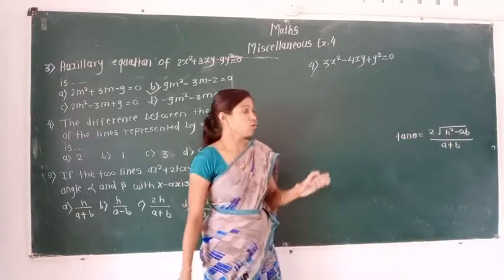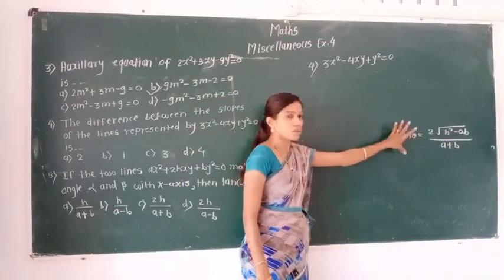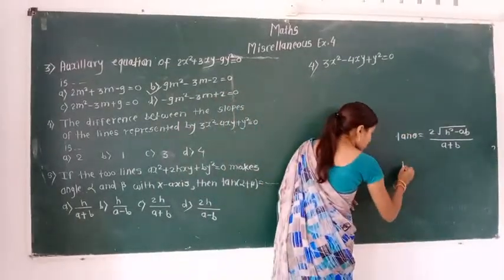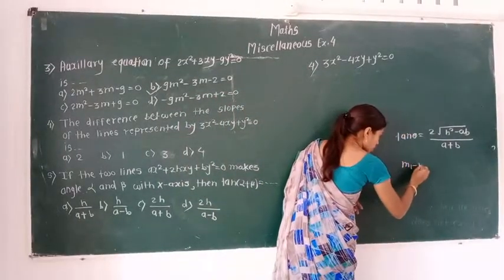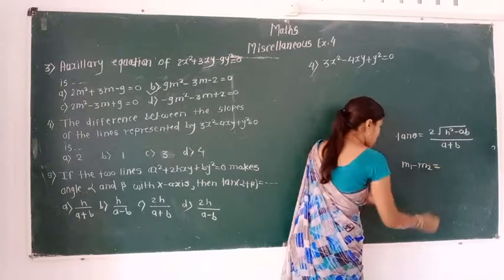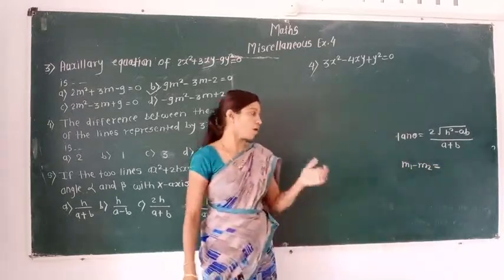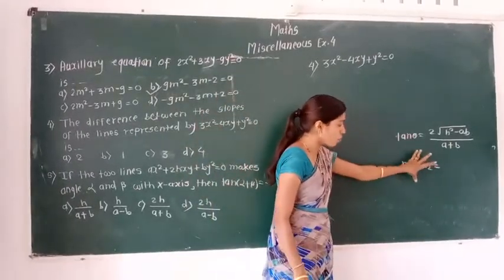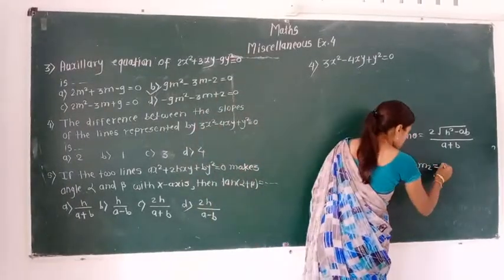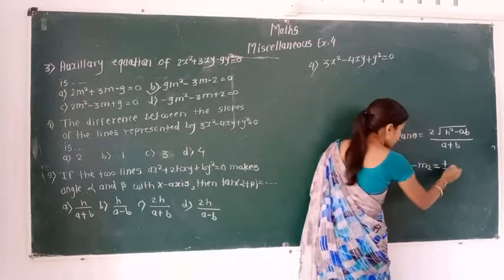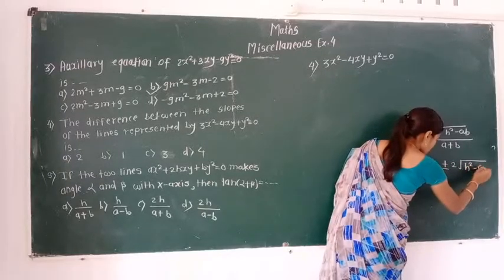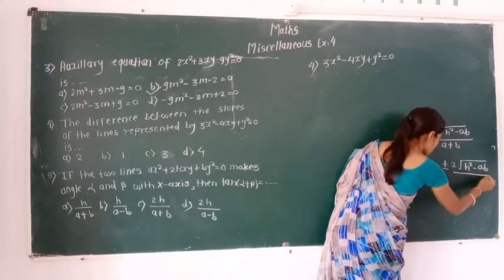When we proved this result, we found m1 minus m2, that is the difference between slopes, and the difference between slopes of two lines we can write as plus minus 2 root of h square minus ab divided by b.